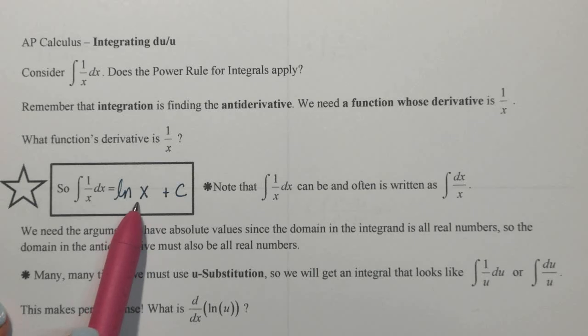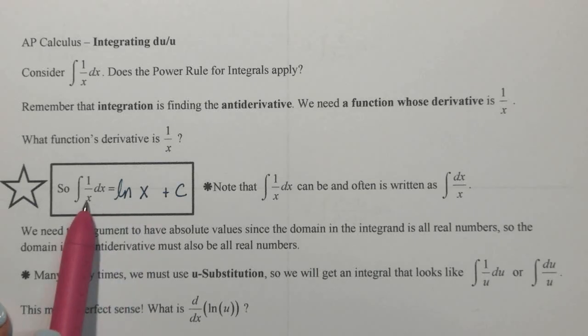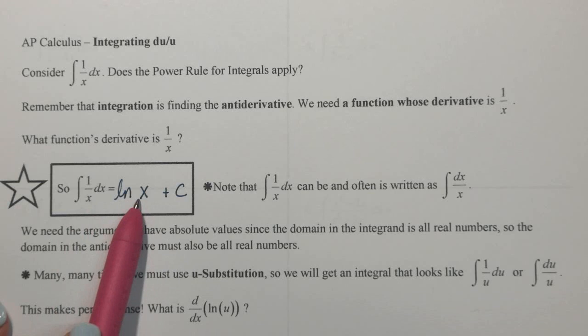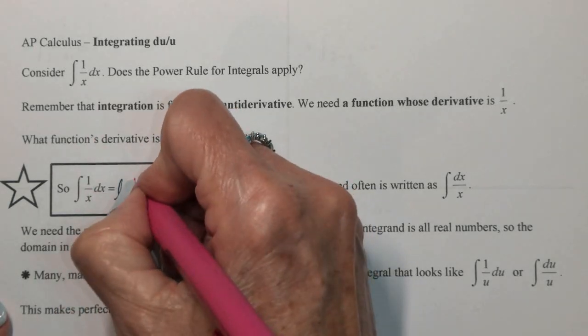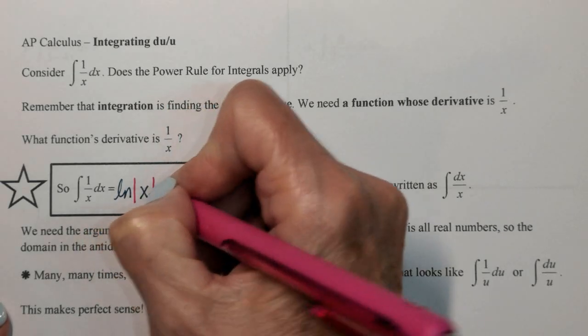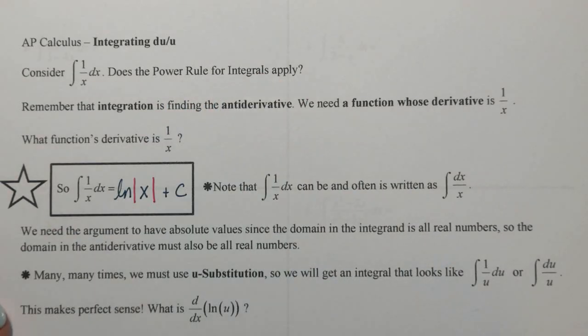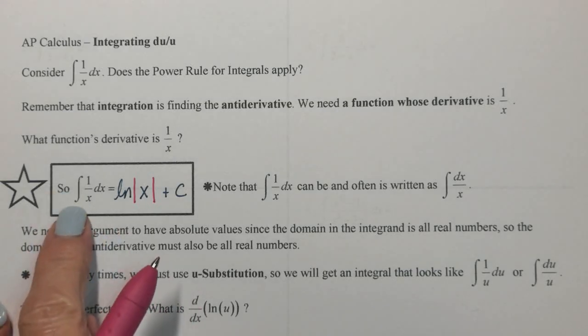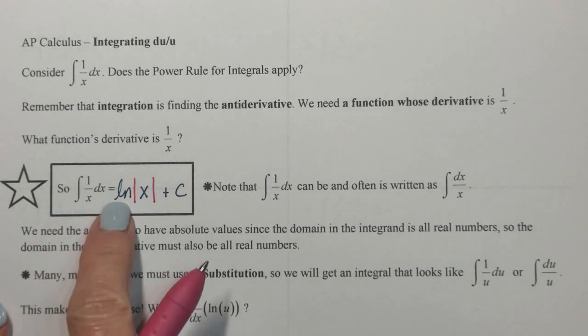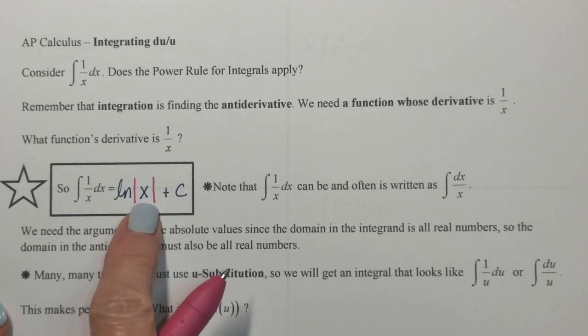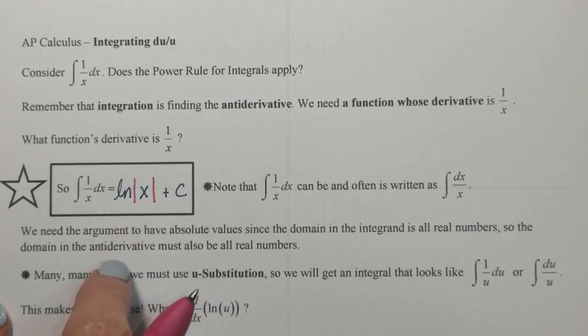The domain of our answer is not the same as the domain of what we started with, because the argument of a natural log must be positive. So we make this have absolute values, and now it is correct. The antiderivative of 1 over x is ln of the absolute value of x plus c. All right?